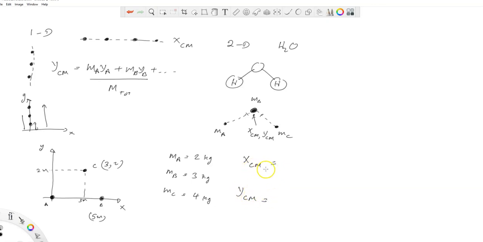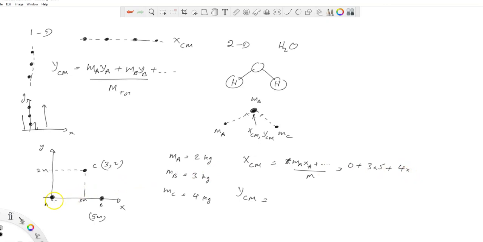X center of mass, so we do MA XA plus MB XB, all that, divided by the total mass. So if you plug in the numbers, A is at the origin, we placed it at the origin, so that becomes 0. MB XB, so 3 times 5. MC XC, 4 times XC.